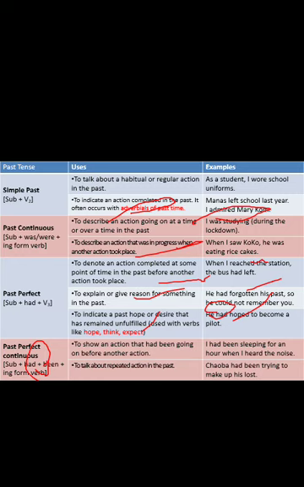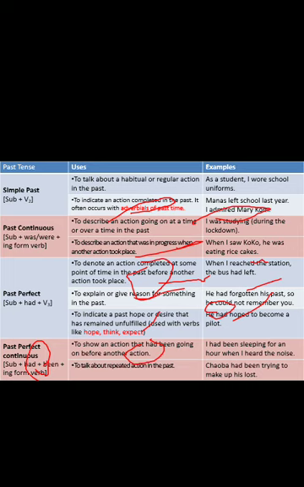Then, how are we going to use past perfect continuous tense? Past perfect continuous tense is used to show an action that had been going on before another action, which took place earlier than another action. So here you find a similar function between past perfect and past perfect continuous.